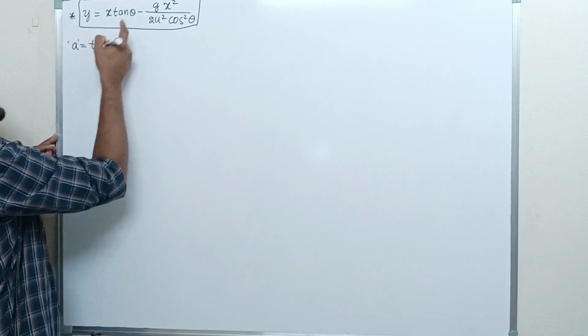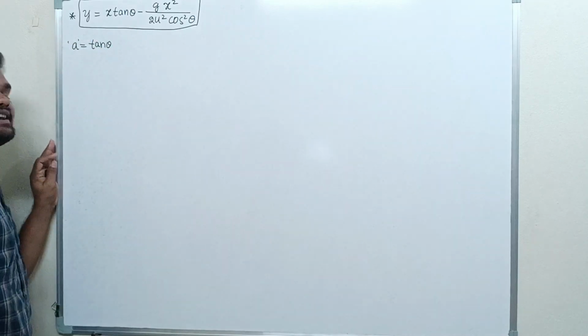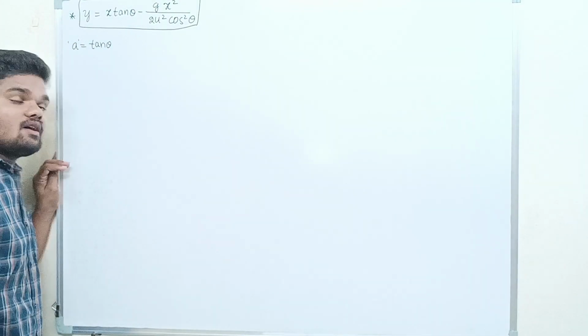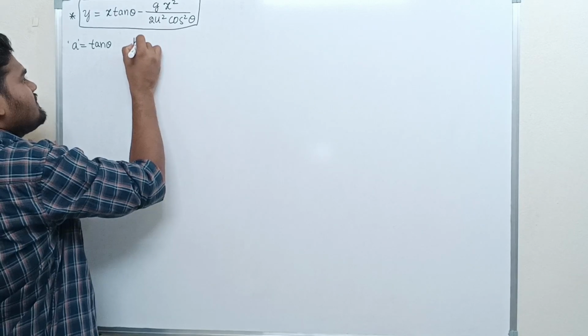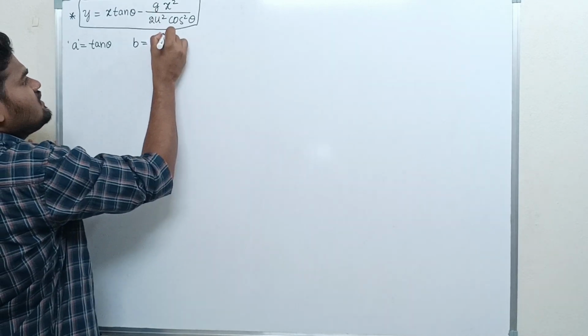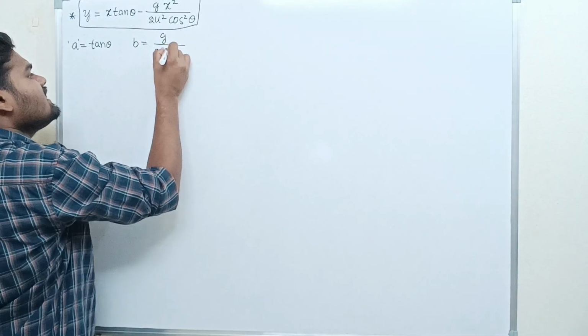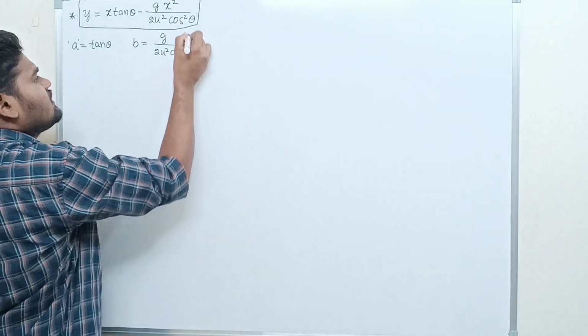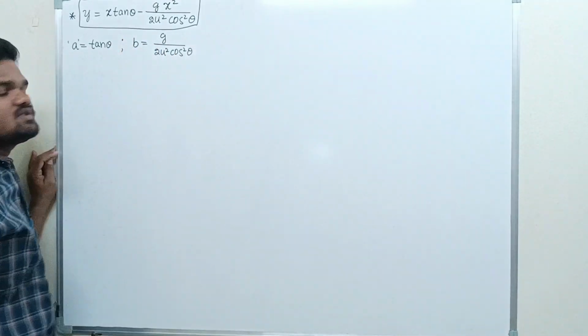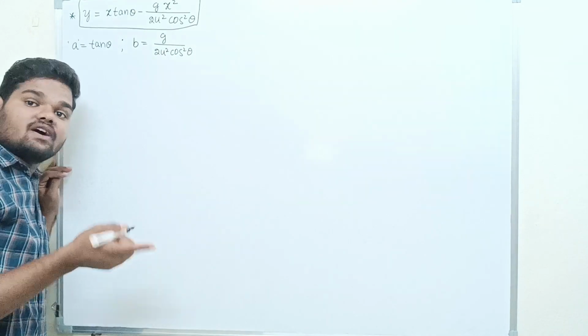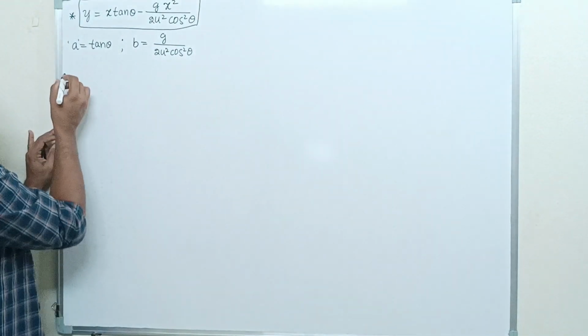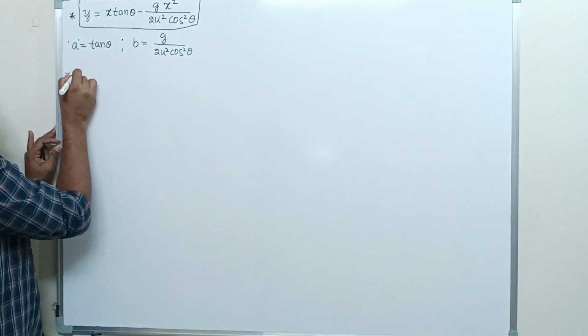Because theta is constant, whatever value we get is constant. Right. And again we have taken b is equal to what now? b is equal to g by 2u square cos square theta. So these are the two values a and b. a and b are what? Constants.